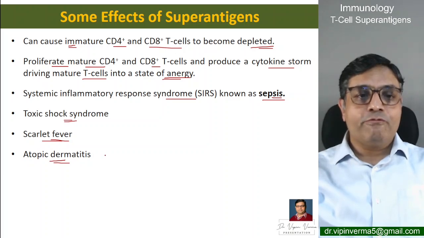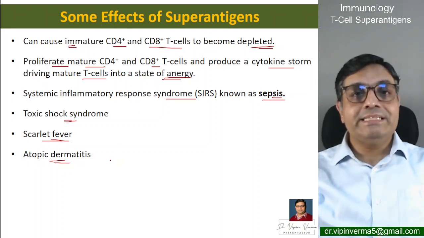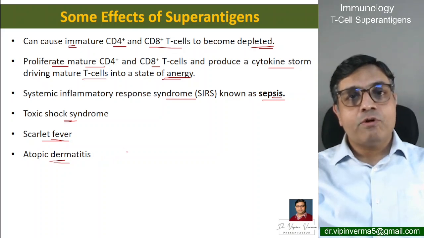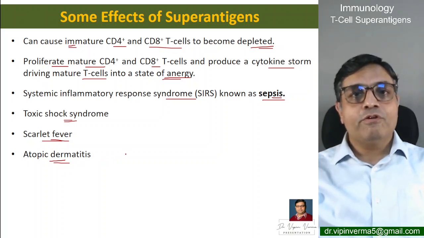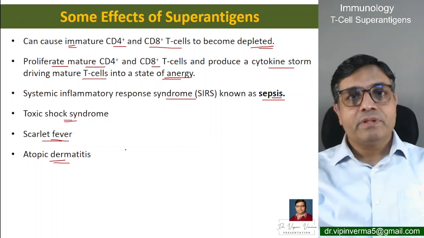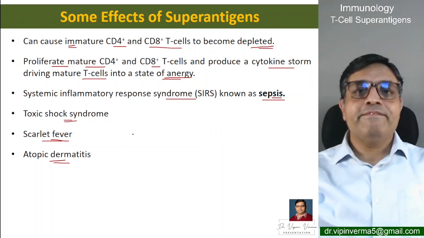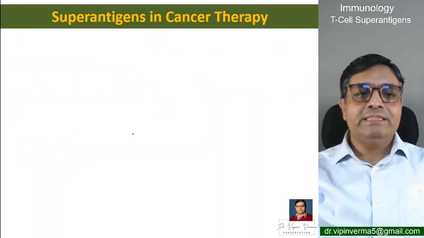So now, the focus is to know whether the superantigens are a reason behind atopic dermatitis or eczema, and many studies have found that yes, they are one of the reasons for eczema. All right. So these were some of the effects of the superantigens.